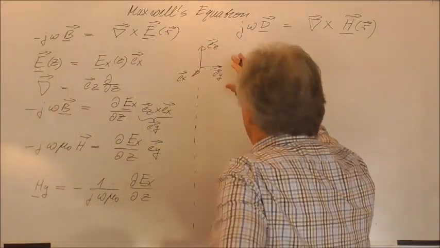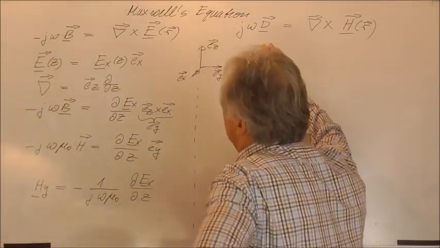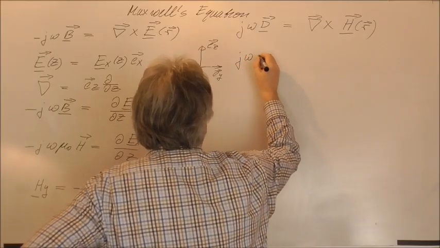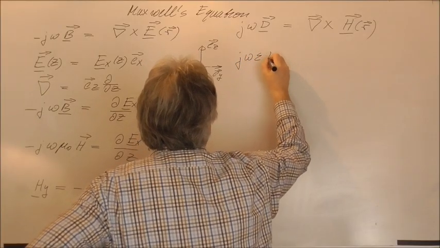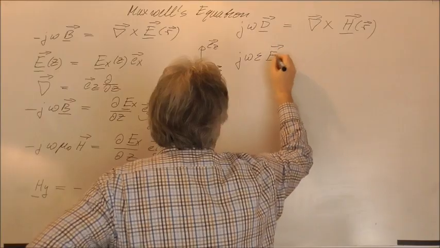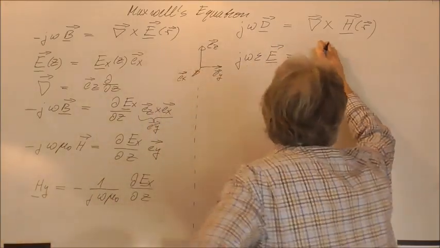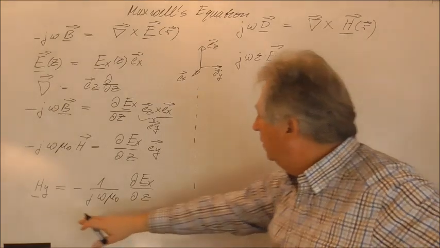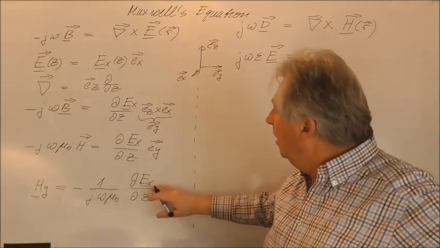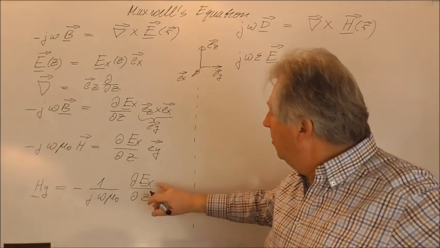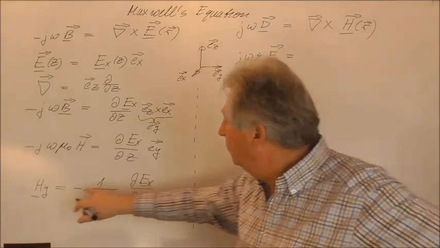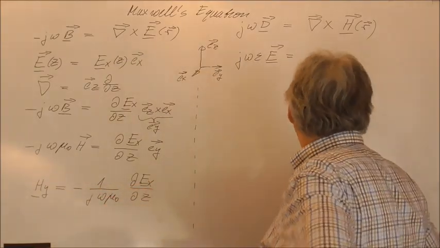The same consideration we can do here. Also here, with the del operator, epsilon times the E field will be given by the curl of the magnetic field, but we see that the magnetic field will also only depend on the z coordinate, and it will show a y dependence.